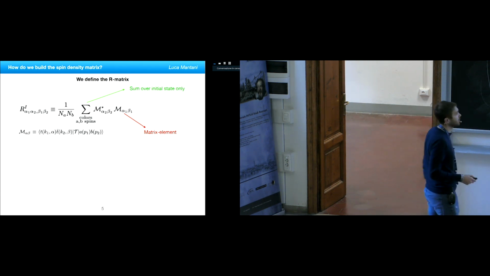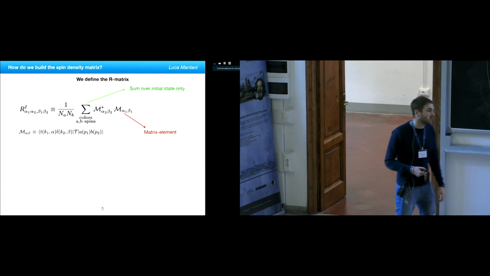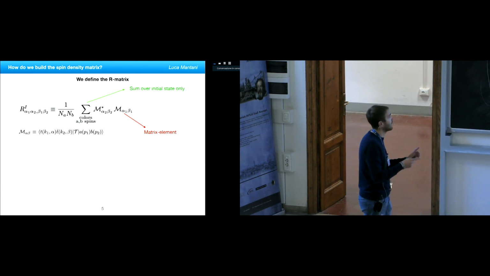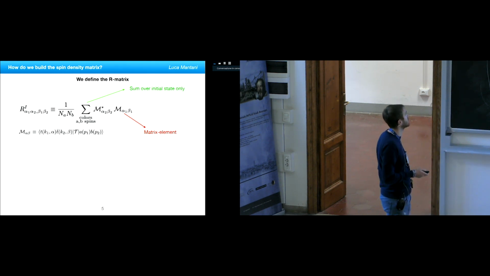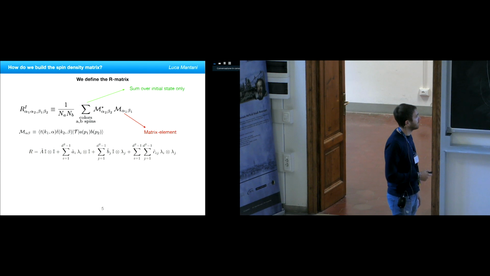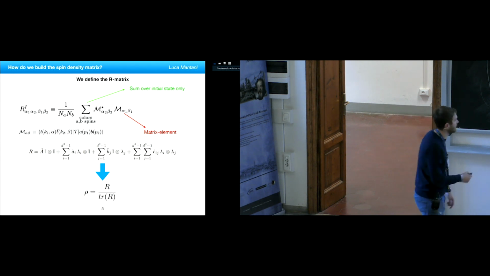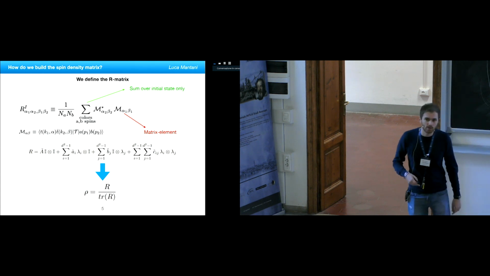Contrary to what you usually do when you compute cross-sections, you don't just square the amplitudes and sum them, but you also multiply off-diagonal elements. In doing so, you obtain a matrix, okay? Then this matrix can be decomposed with the generalized Gell-Mann matrices, and we end up finding basically an unnormalized version of the density matrix. Once we take the trace of the R matrix, we recover our density matrix and we can do our studies.